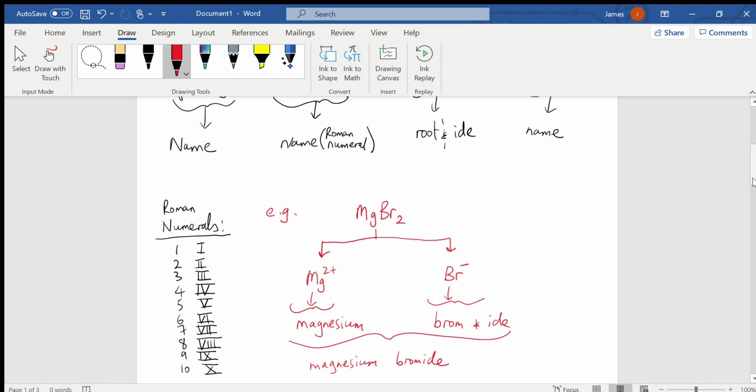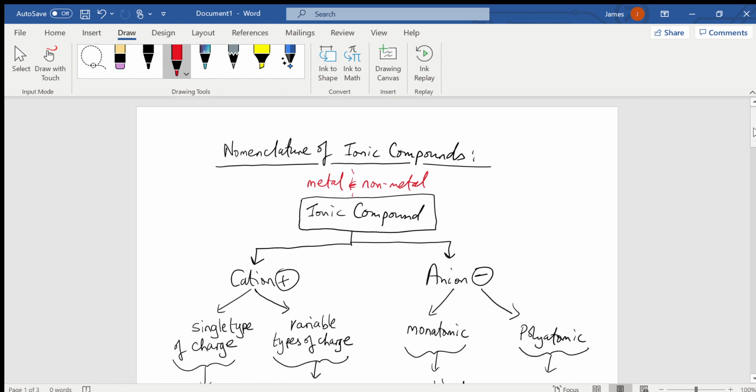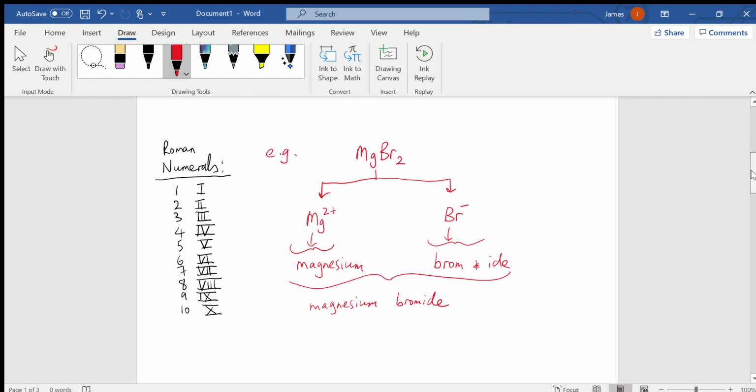So again, crucially important step. We have no prefixes. And if you understand the charges, we don't need any prefixes. You know with ionic compounds, they must sum to a zero net charge.